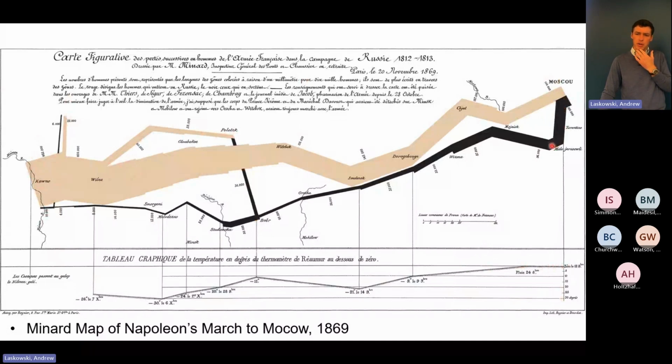Sorry, that's Celsius actually. It shows the temperature during the retreat, which obviously explains why there was so much more attrition and fatalities as the army retreated. So pretty striking to see that visualization of the massive size of the army at the start, reduced all the way down to 10,000 soldiers at the very end. Did not go well.